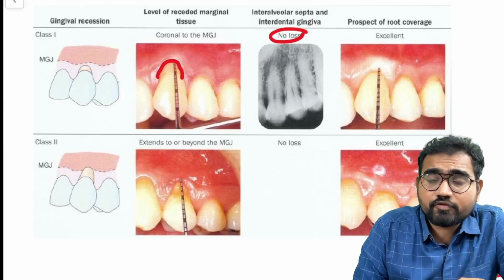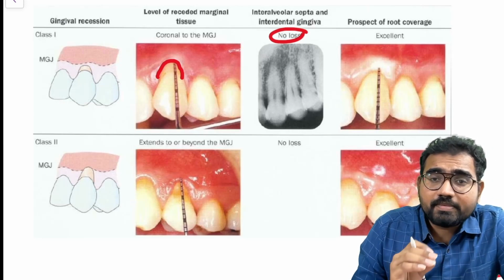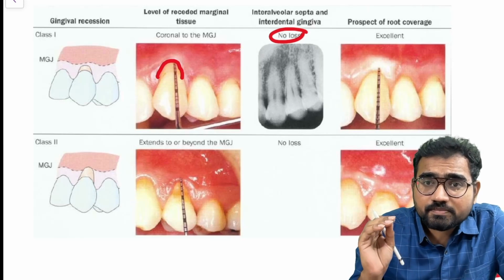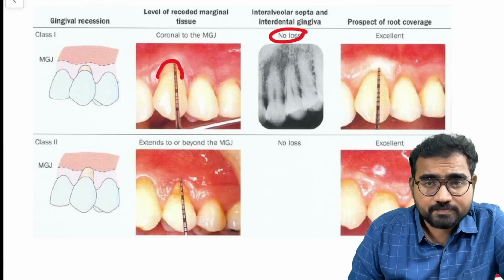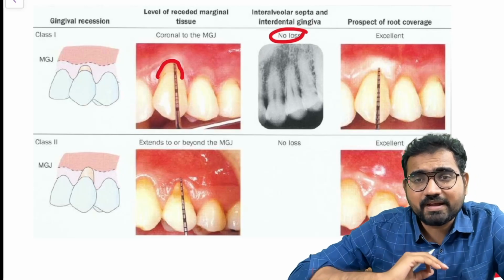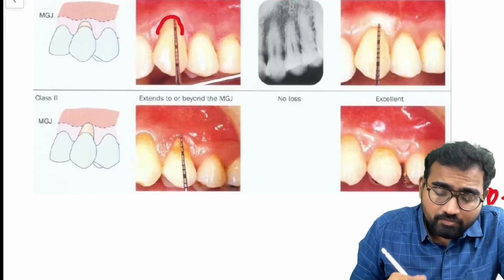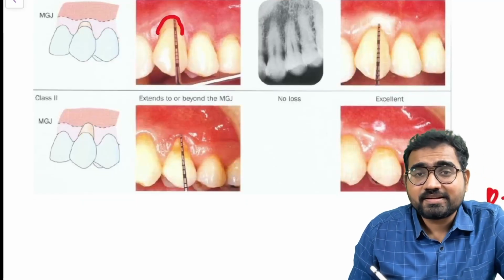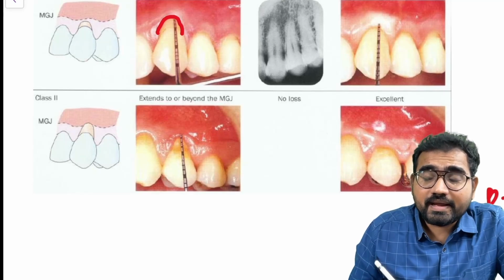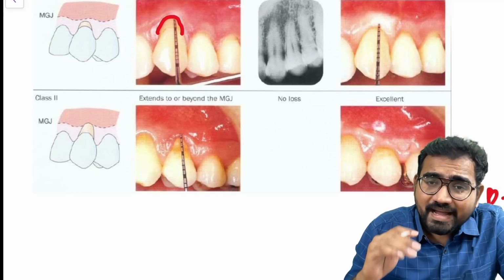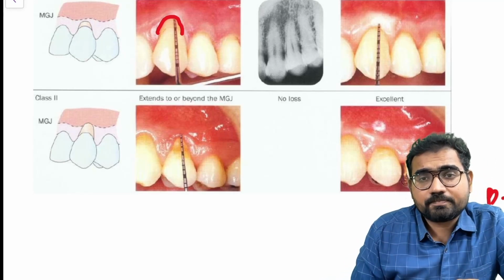For these kinds of patients, there will be 100% possibility of root coverage, which means it's going to be a good or excellent prognosis. Class 2, marginal tissue recession does not extend, or extends up to the level of the mucogingival junction.